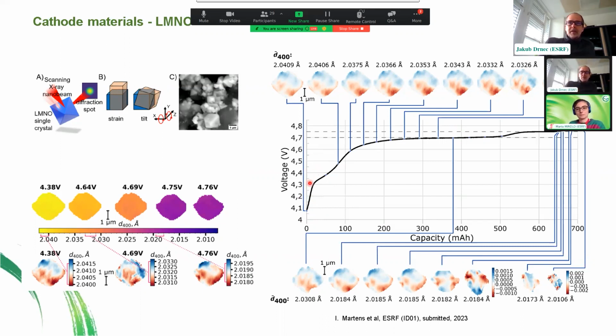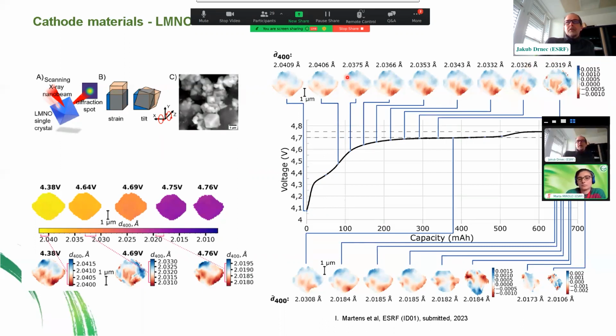So we're looking here at the first plot, a kind of linear region where there's this solid solution transition. We can see the strain fields for the particle at each different charge state, and the strain field is pretty much the same in the solid solution region, until right here.